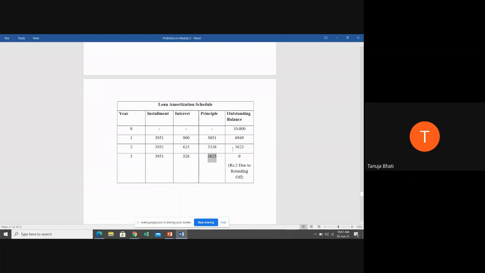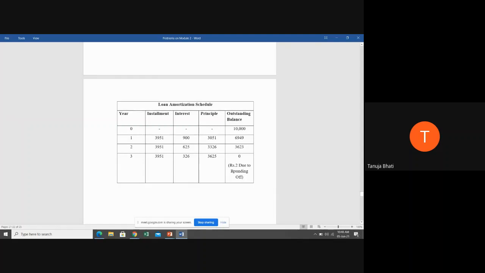Now, how do you calculate the outstanding balance? 3623 minus 3625, which is nothing but, students, minus 2. That means it is 0, so you need not pay anything to the bank. This 2 rupees difference comes due to rounding off. Since we get the amounts here in decimals, and since I have not considered decimals, a difference of 2, 5 or 4 rupees may even come in your answers.